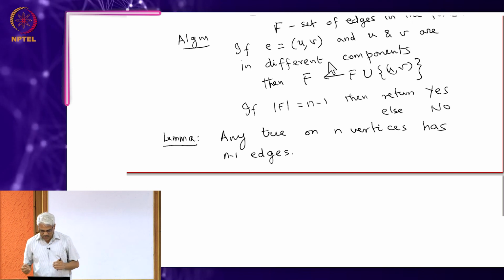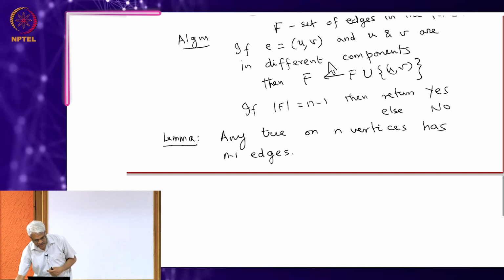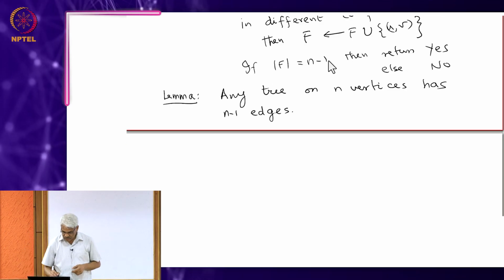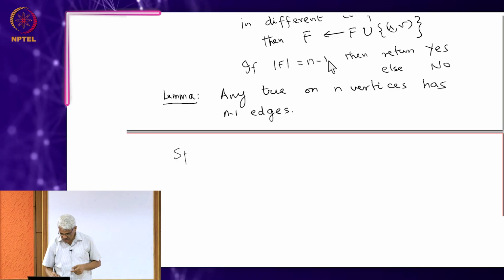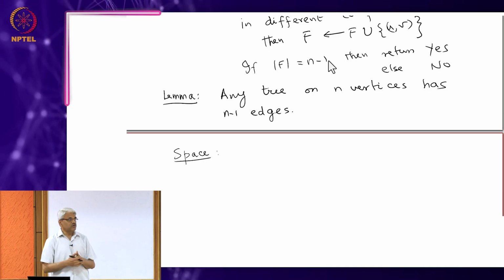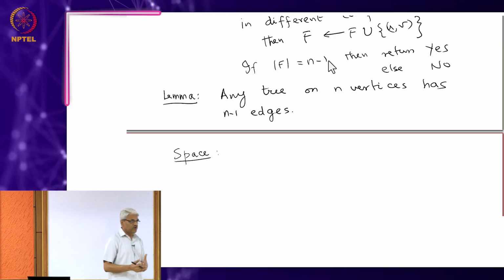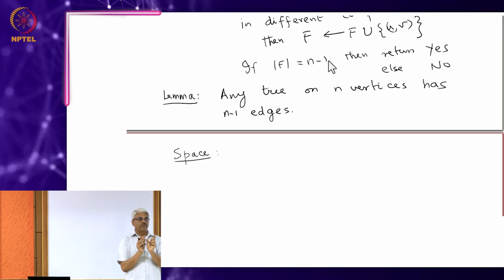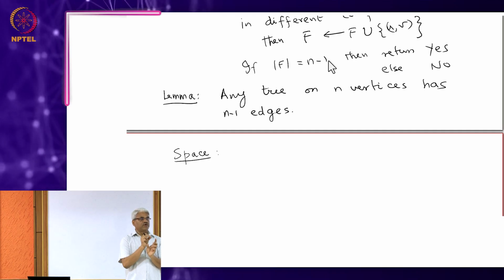Okay. So how much space do I use? Because I said space is the important thing. That's what we care about. Because F stores some edges. That's my only storage. Okay. And each edge is basically 2 endpoints, and each endpoint is a number between 1 and n.